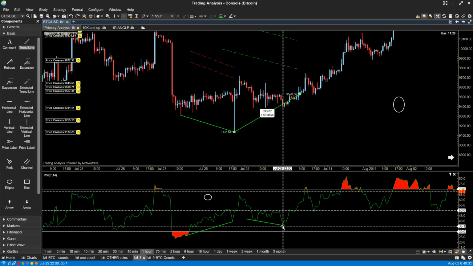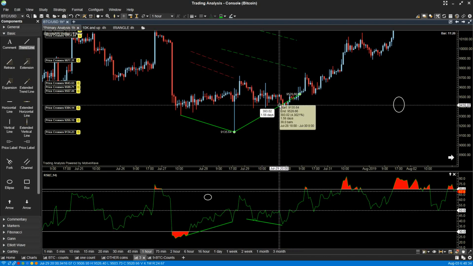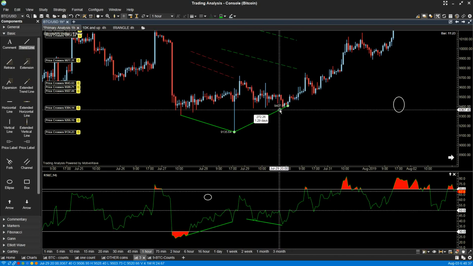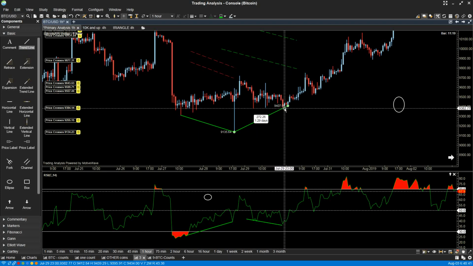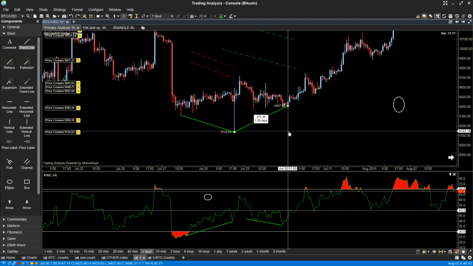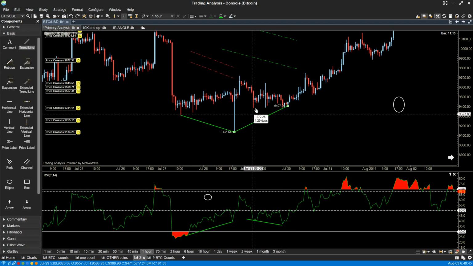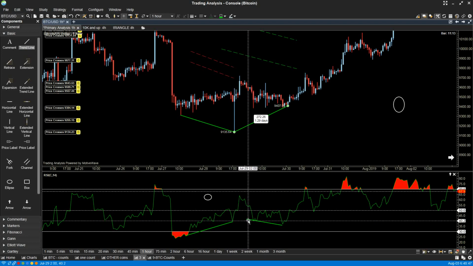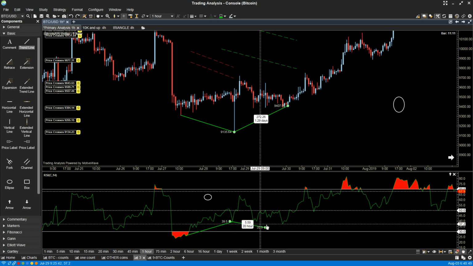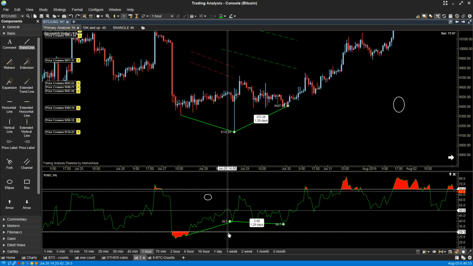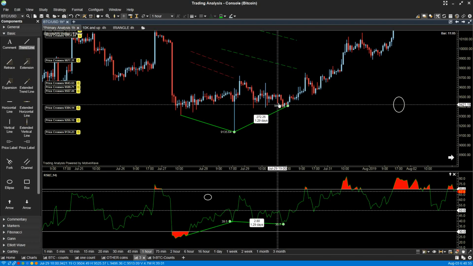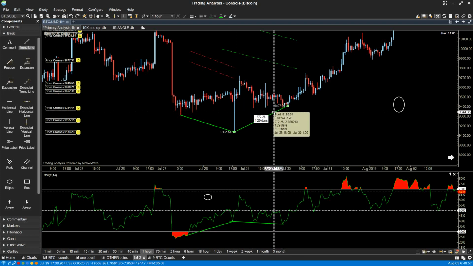So this by itself tells me that, okay, the market is tired, the market cannot keep going. In order for the market to really keep going, the price needs to spike down all the way right here and take this pivot, or take this pivot. We actually make it from here to here. See, this is going lower, this is going higher. That tells me that the market is tired.